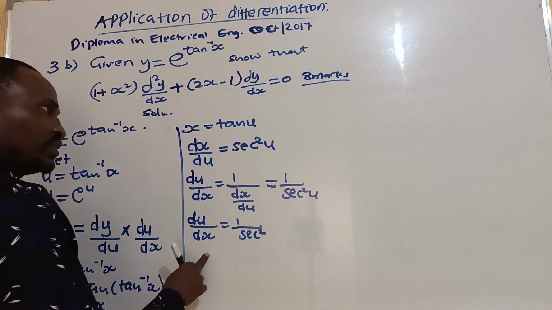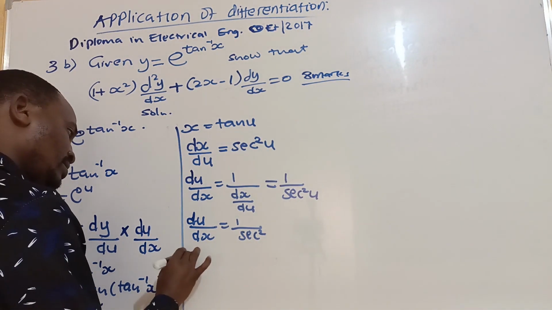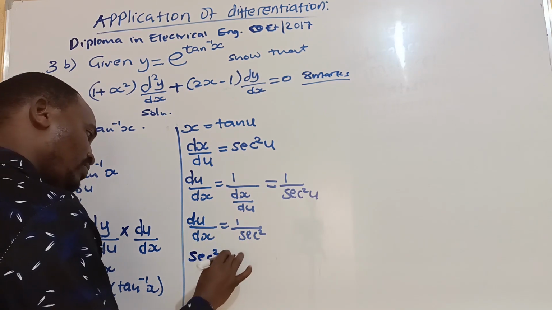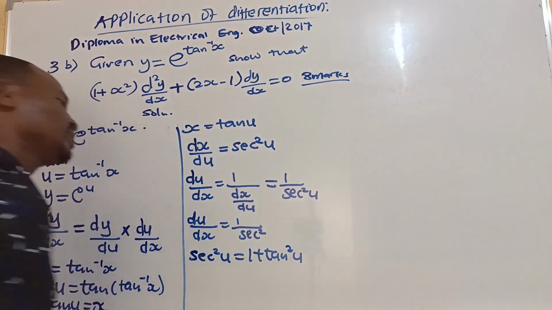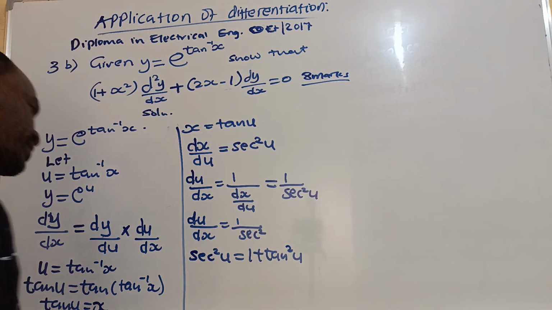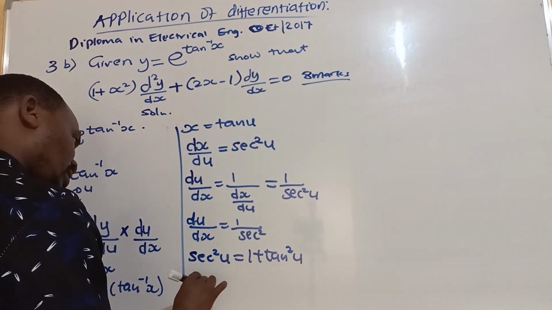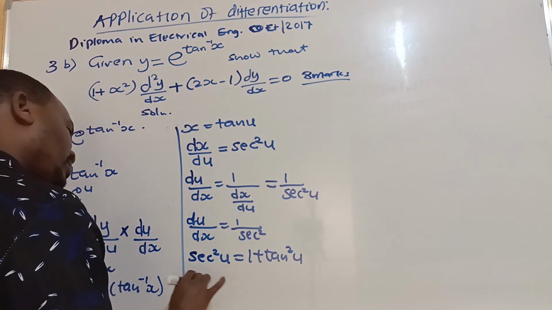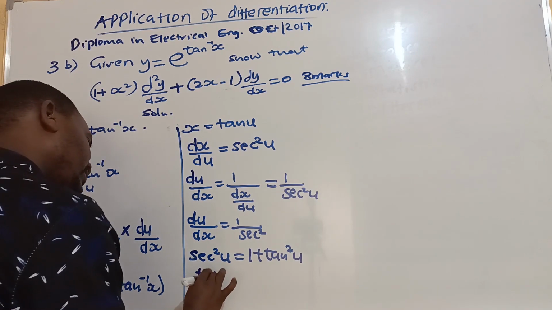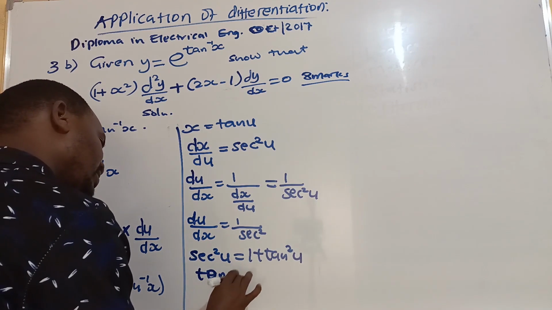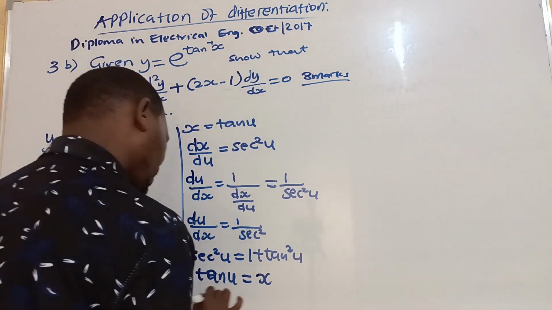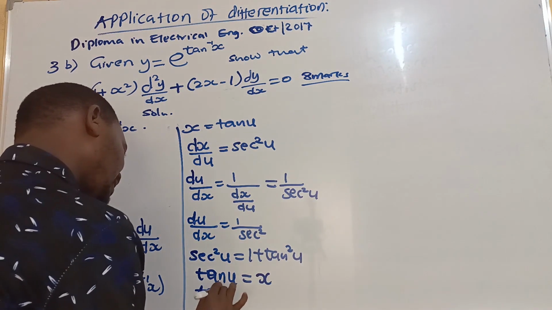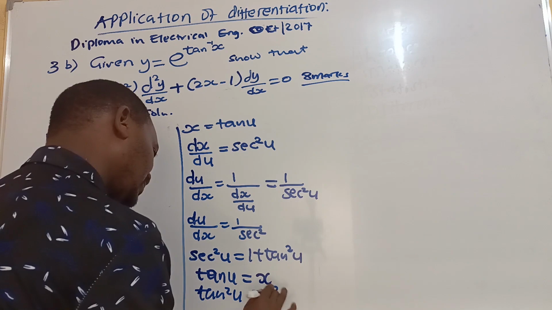But we also know that sec squared u is equal to 1 plus tan squared u. But tan u itself is equal to what? Tan u is x, meaning tan squared u is equal to x squared.